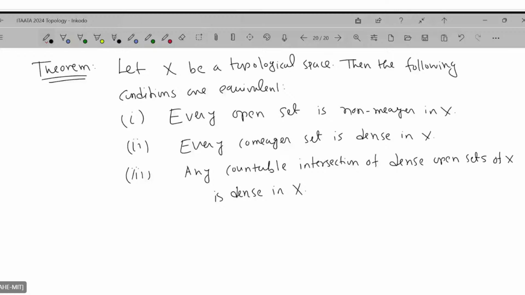If an open set is non-meager, then it will imply that every co-meager set is dense in X. And the third one, it will imply that any countable intersection of dense open sets of X is dense in X. Let's try to prove this.